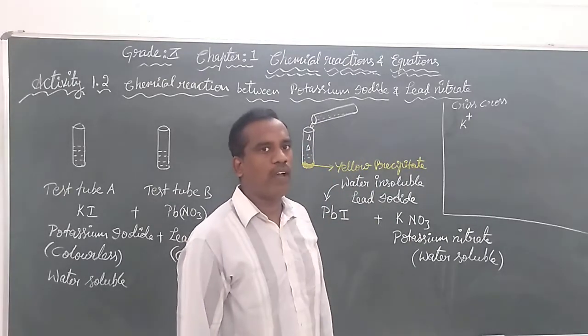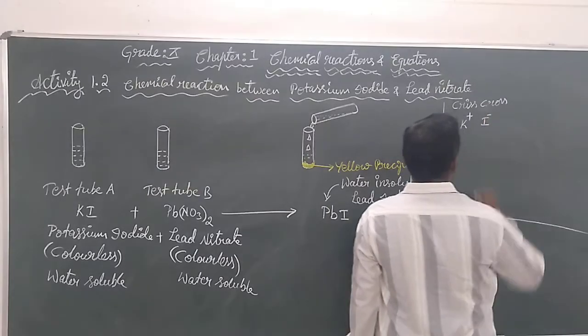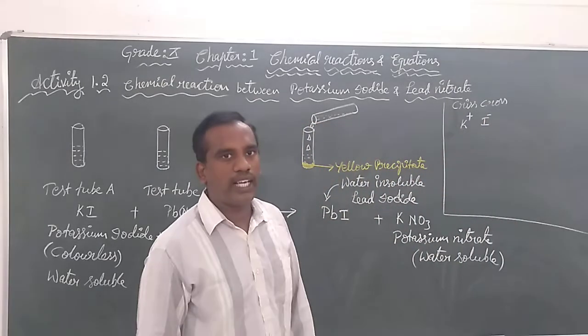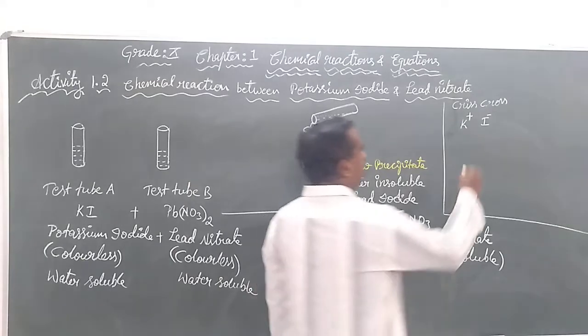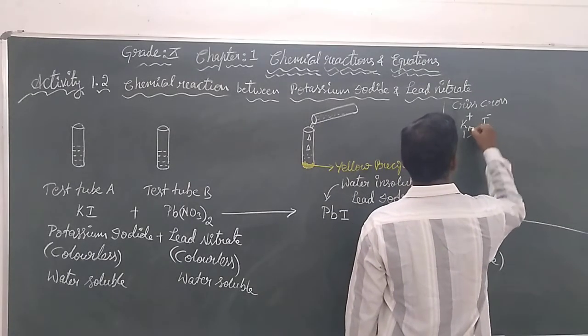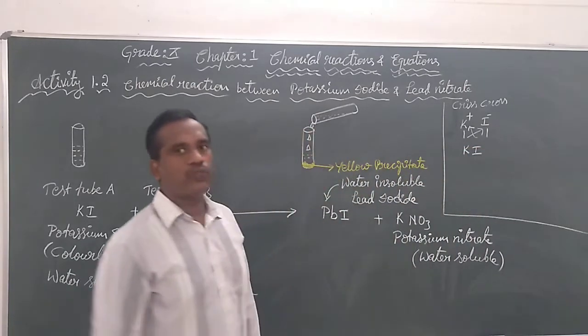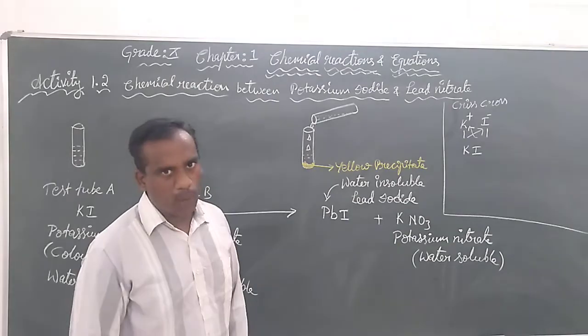It's a monovalent cation. Iodide is a monovalent anion. It's +1 and -1. They both were crisscrossed with each other to give potassium iodide. That is from the grade 9 standard topic.